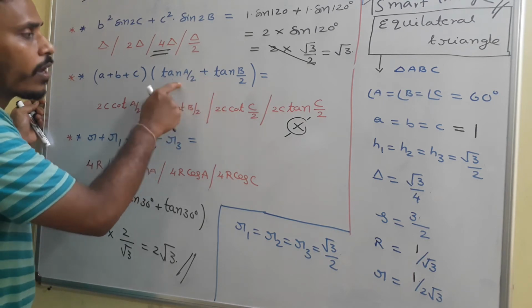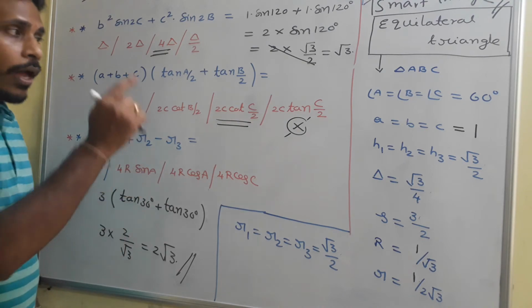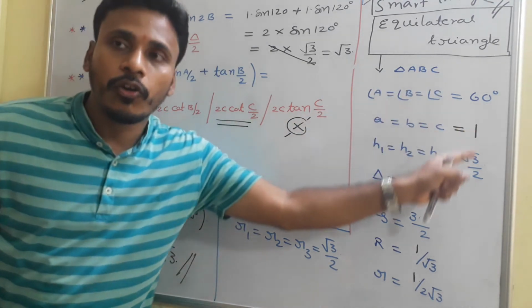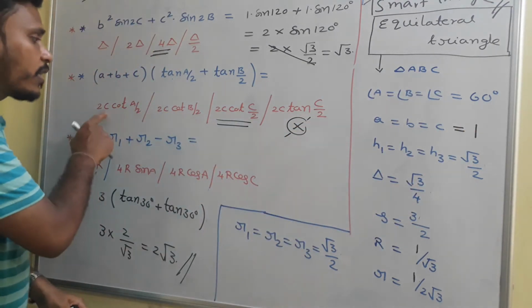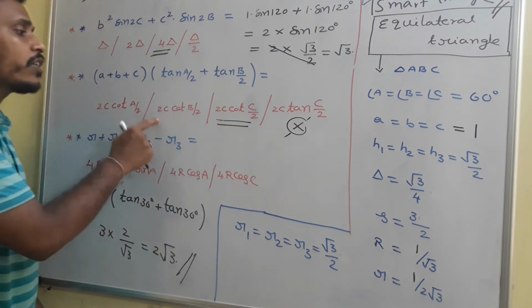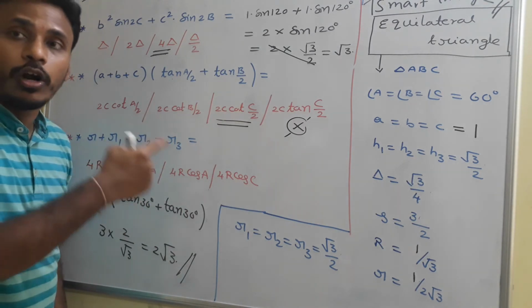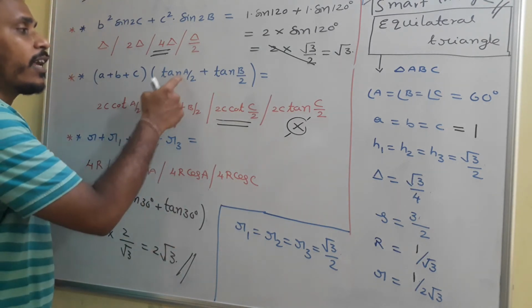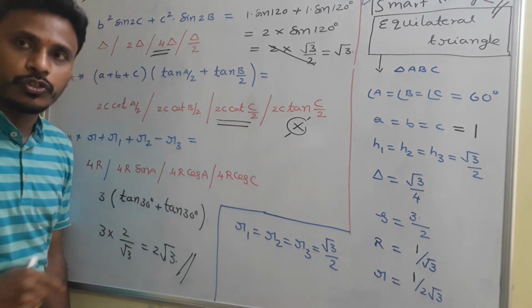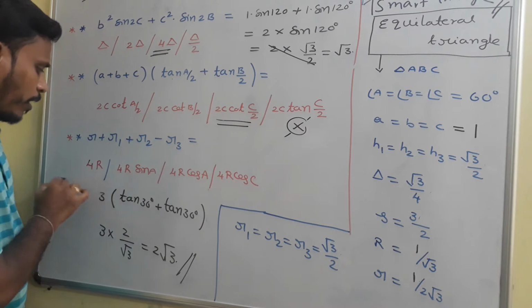So this is in terms of A and B. For sure your answer is 2C cot C by 2. When you use these smart triangle measurements, these 3 options are giving 2 root 3 only. But among these 3 you need to choose this as your answer, because a symmetrical pattern is involved in the properties of triangles. Here A and B are involved, so you need to use this 2C cot C by 2. Okay, right. And that is that problem.